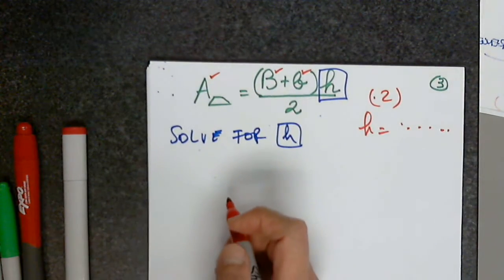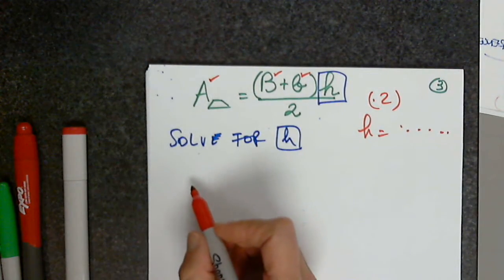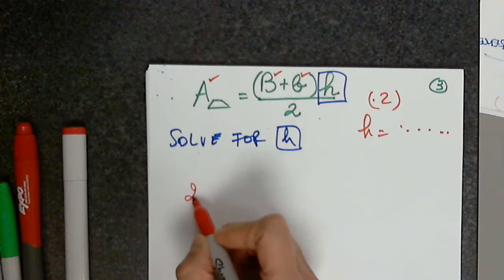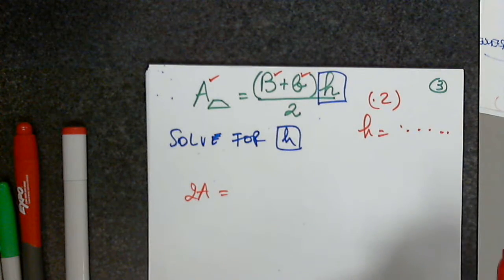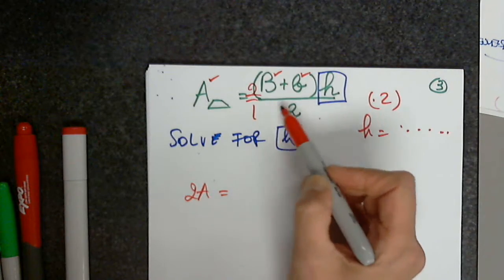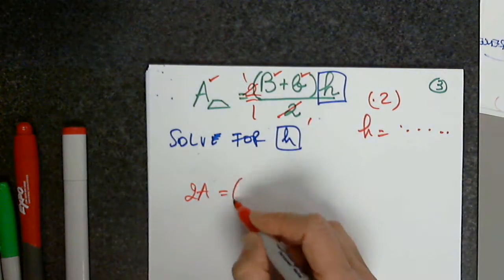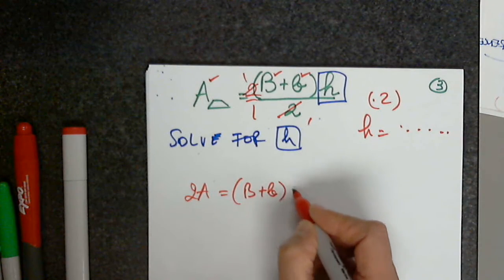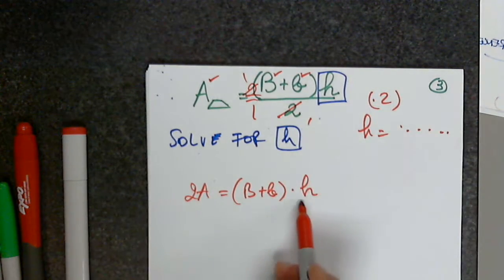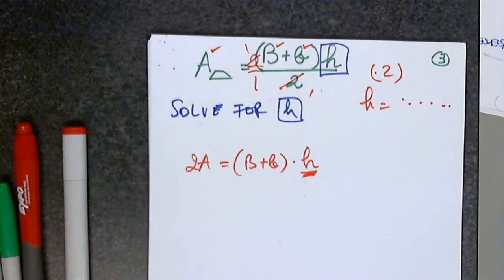The left-hand side then is 2 times A. On the right-hand side, of course, the 2 cancels out, and that's the whole thing. So now I have uppercase B plus lowercase b, multiplied by h. h is still the only variable, the only unknown in the problem. What do I do now to solve for h?